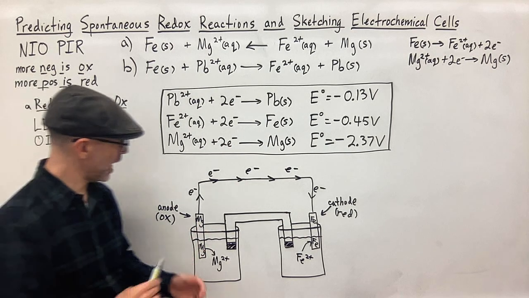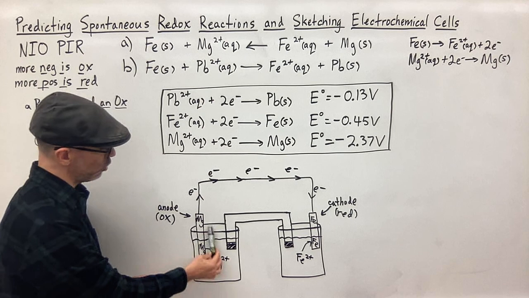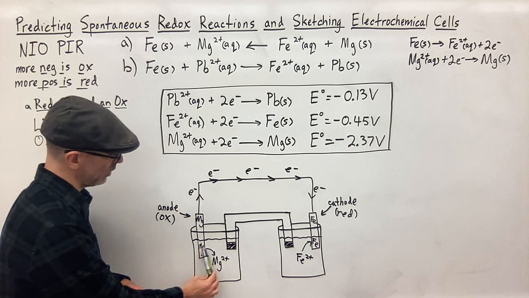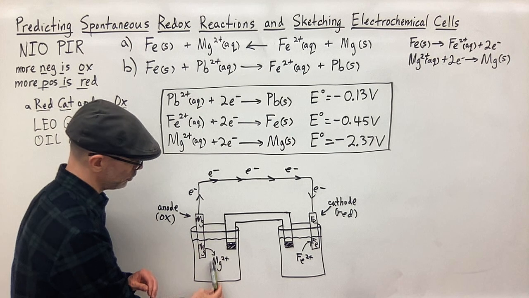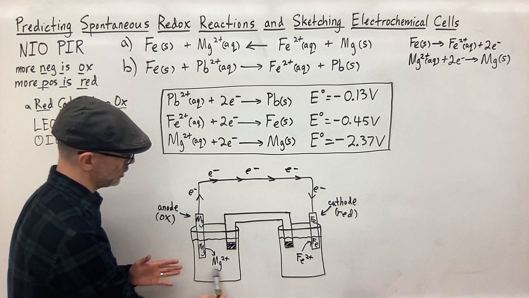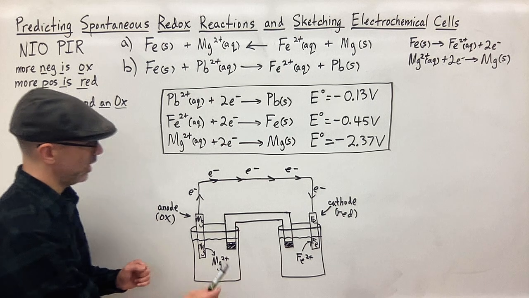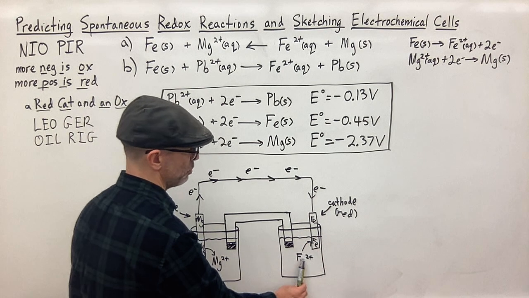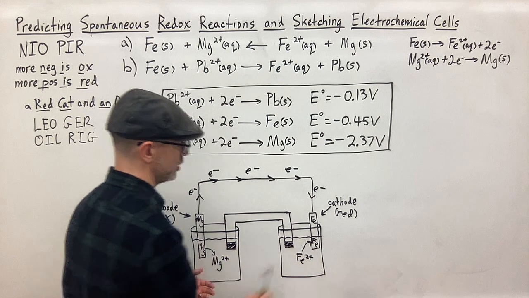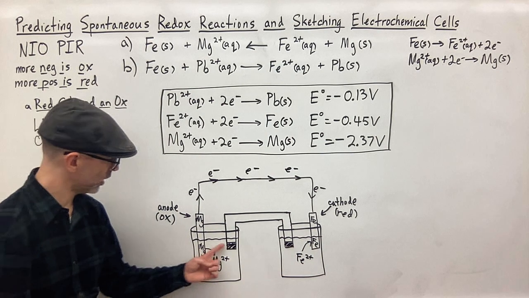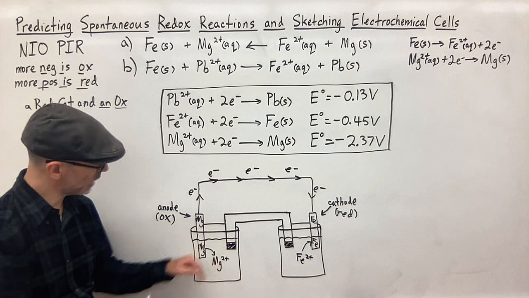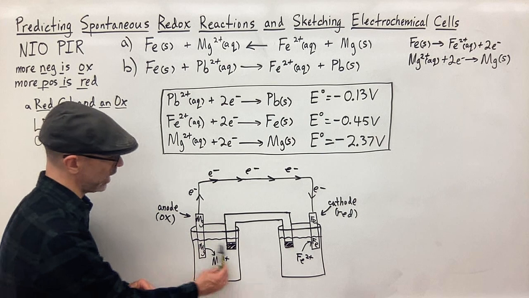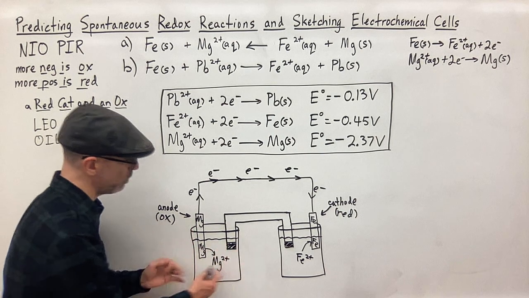And so over time, this electrode is going to erode away because more and more magnesium is becoming Mg2+, and it's dissolving in the solution here. And then over time, this cathode is going to grow bigger and bigger because it's gaining more iron over time. So then also you can see that as time goes on, more and more positive ions are being produced. So this becomes more positive.